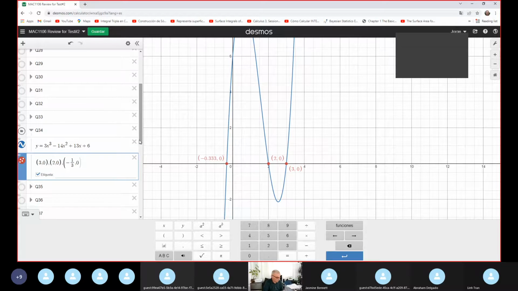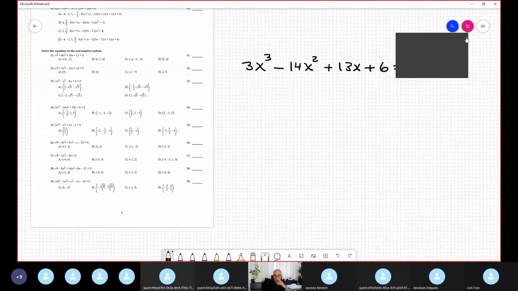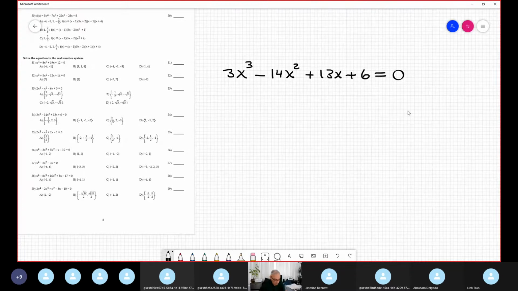Okay, let's move on to the whiteboard and perform synthetic division using an easy value. No, 1/3 is not good. Let me try. Okay, again we come back to the whiteboard. The synthetic division in number 34 is this: 3, negative 14, positive 13, and 6.